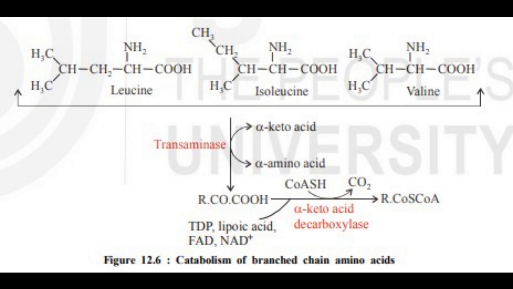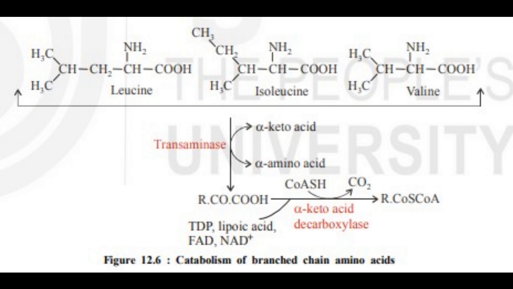branched-chain alpha-keto acid. In normal individuals, this branched-chain alpha-keto acid is acted upon by alpha-keto acid decarboxylase complex. This is an oxidative decarboxylation reaction similar to the reaction catalyzed by pyruvate dehydrogenase complex, following glycolysis, or ketoglutarate dehydrogenase complex, in citric acid cycle, as you may recall studying in Unit 6.